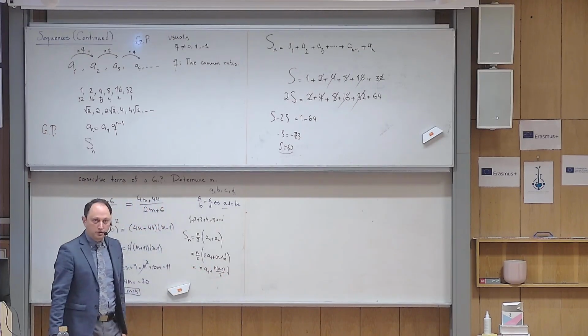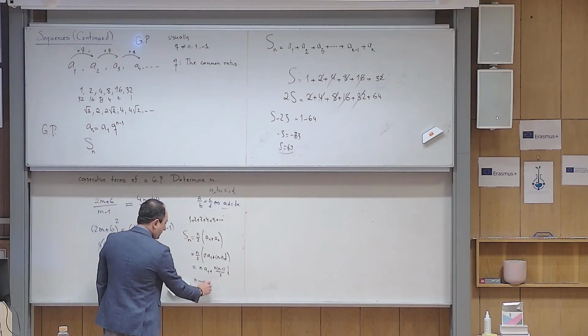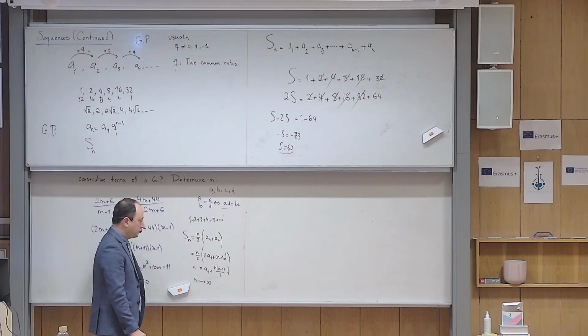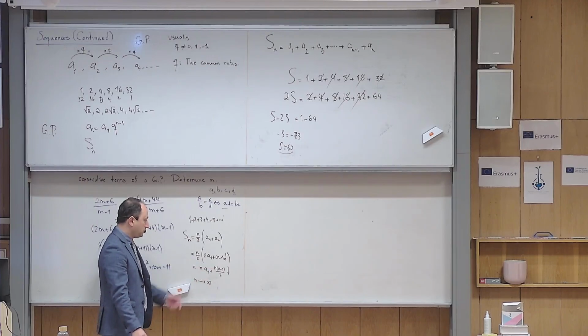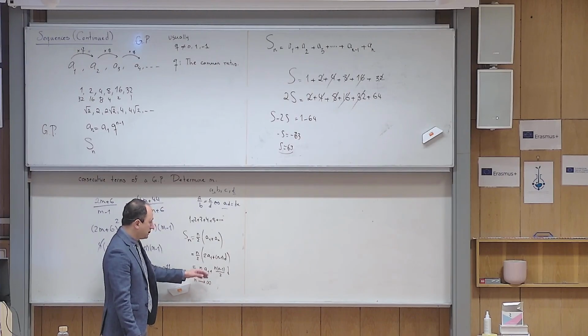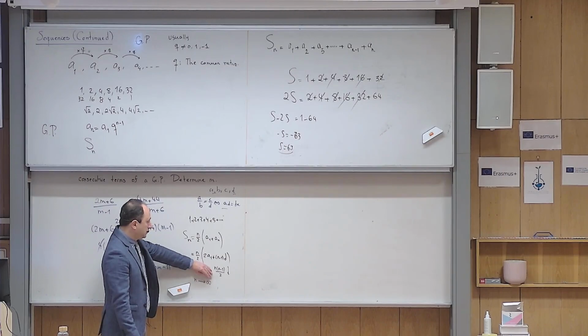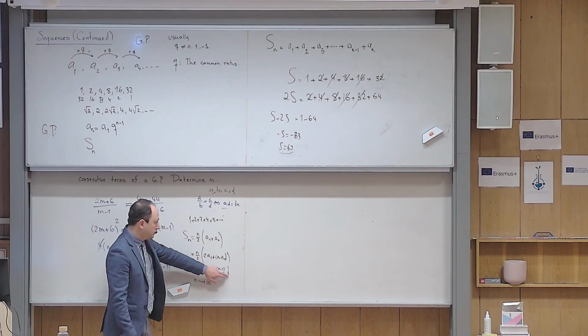This is Sn for an arithmetic progression. If I send n to infinity, if I make n extremely large, what will happen? Because this is a factor of n, this also becomes extremely large because this is second power. So if n is extremely large, this second power of n will dominate over this first power, and for extremely large n this becomes negligible, and then I will get something like that.